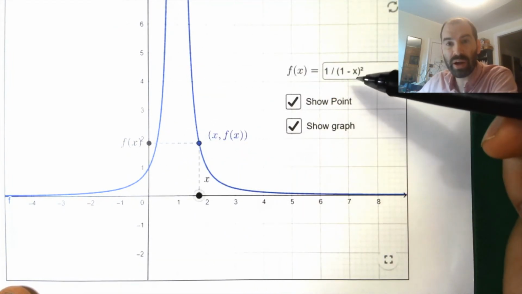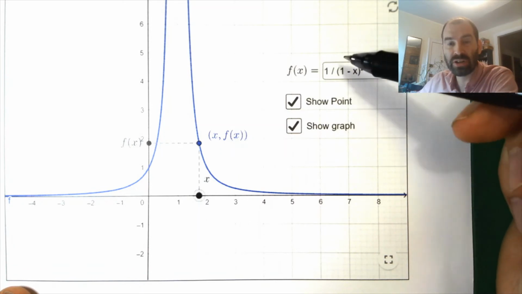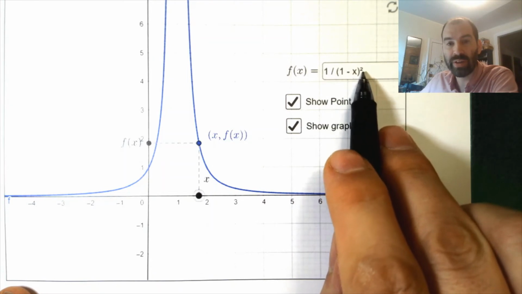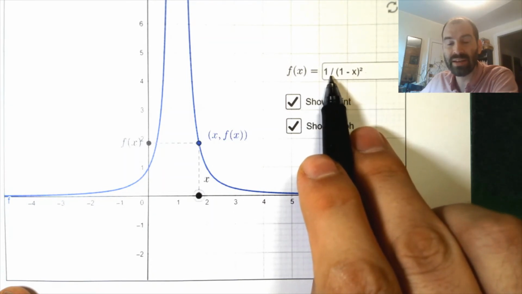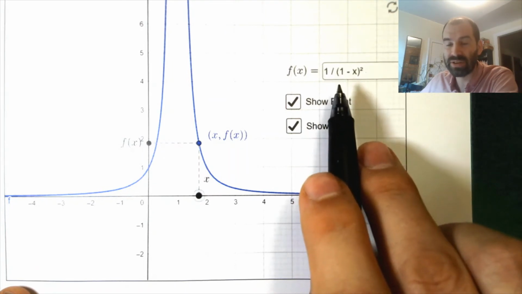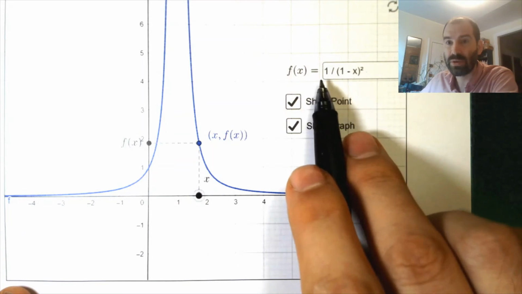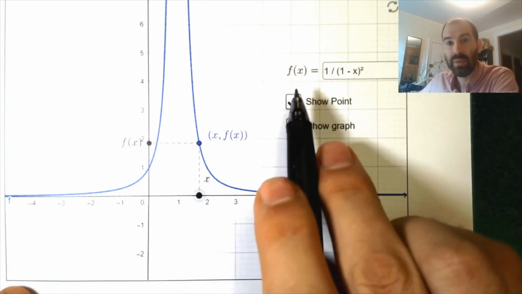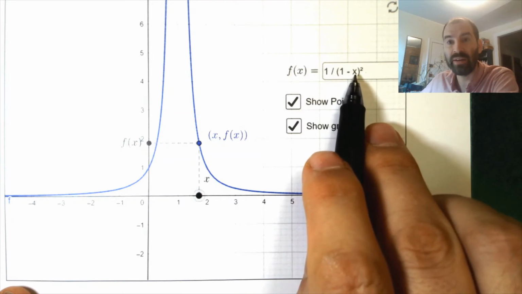If I try to plug x equals 1 into this function, what happens? Well, I get 1 minus 1 squared. That's 0 squared, and that's in the denominator. See, I'm dividing. We're not allowed to divide by 0. Dividing by 0 does not give a meaningful answer. So there is no y associated with x equals 1. But any other number for x is fine.